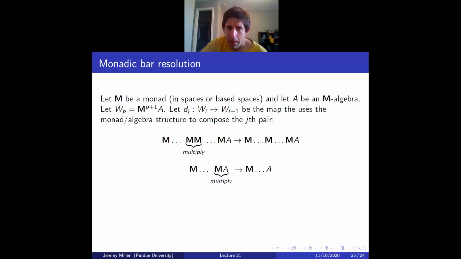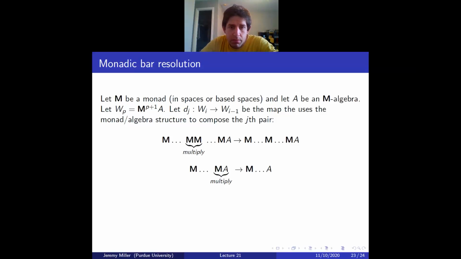And then we're going to get these maps d_j from W_i to W_{i-1}. Most of the time, you're just going to use the monad multiplication to compose two of the M's.